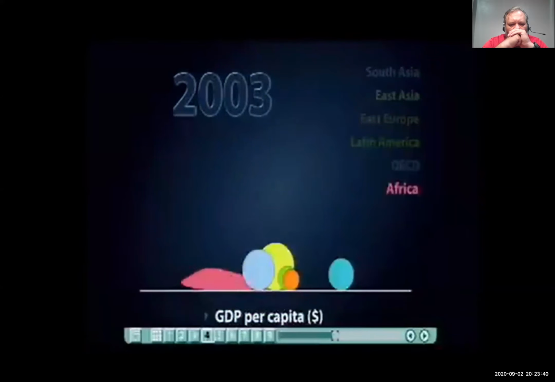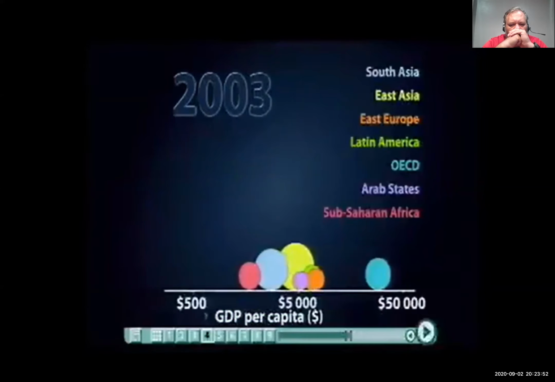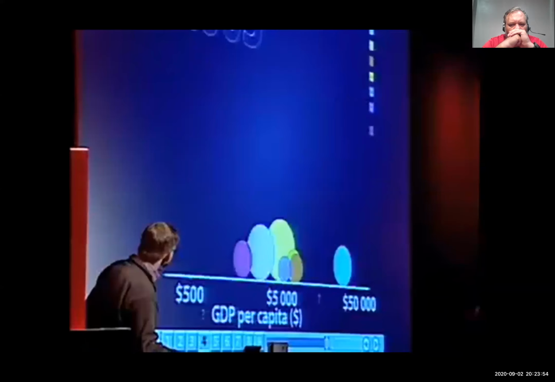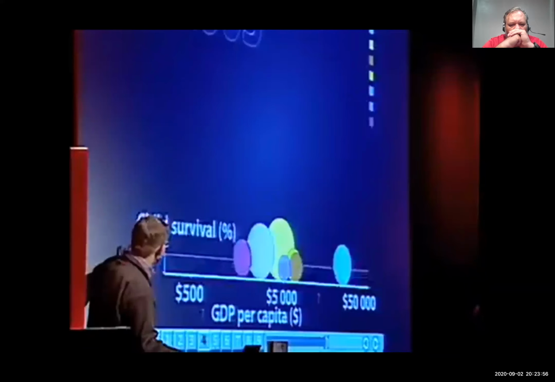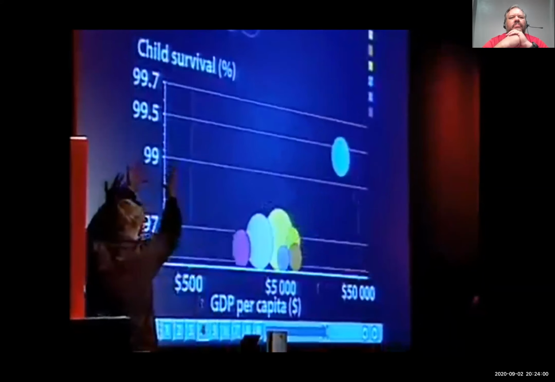You have the OECD there, and you have sub-Saharan Africa there, and we take off the Arab states there, coming both from Africa and from Asia, and we put them separately. And we can expand this axis, and I can give it a new dimension here by adding the social values there, child survival. Now I have money on that axis, and I have the possibility of children to survive there.